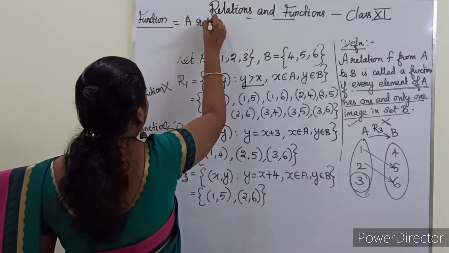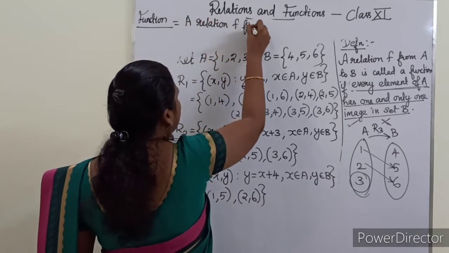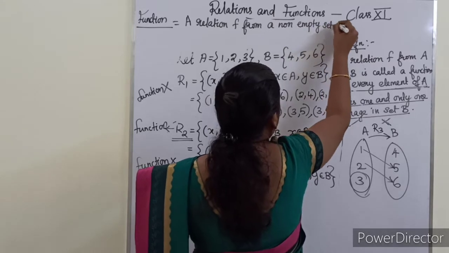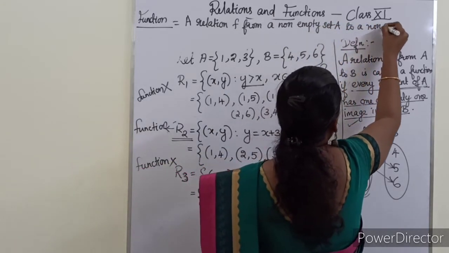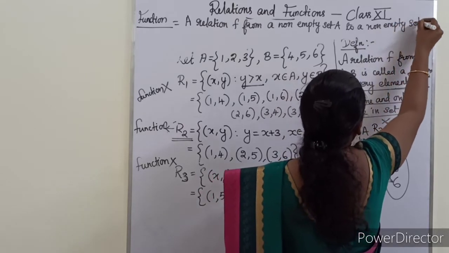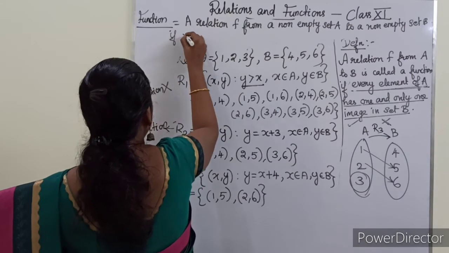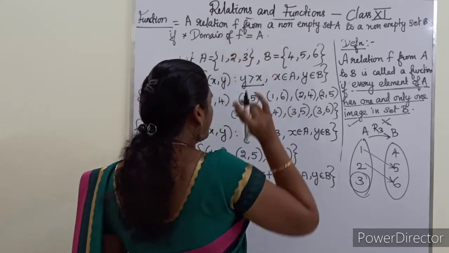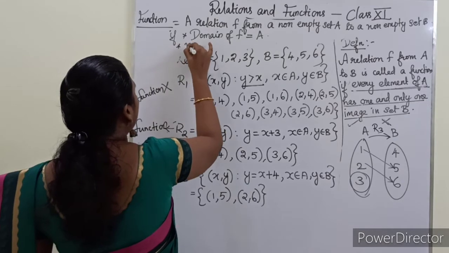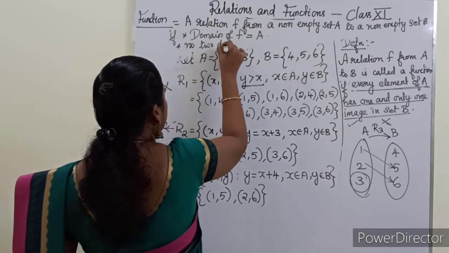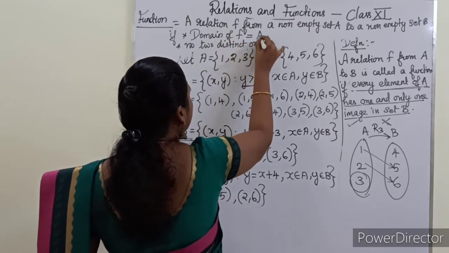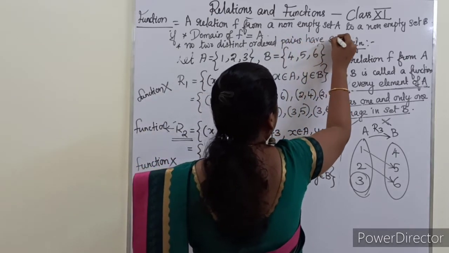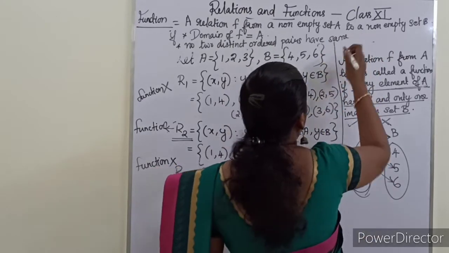A relation F from a non-empty set A to a non-empty set B is a function if the first condition is that the domain of F is equal to A. So the domain of F should be equal to A. And the second condition is that no two distinct ordered pairs have the same first element.